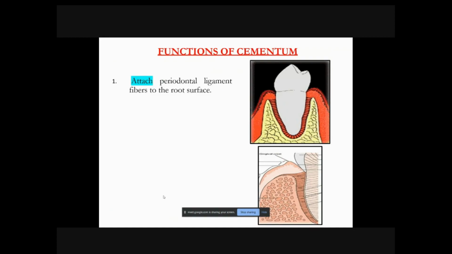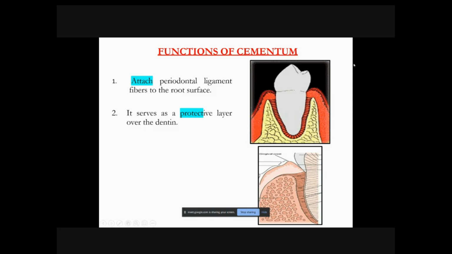Let's talk about functions of the cementum. The first and foremost, we already know it attaches the tooth to the bone. It helps in attachment of the periodontal ligament fibers to the cementum, and hence it helps in attachment of the tooth to the bone. And it serves as a protective layer over the dentin.